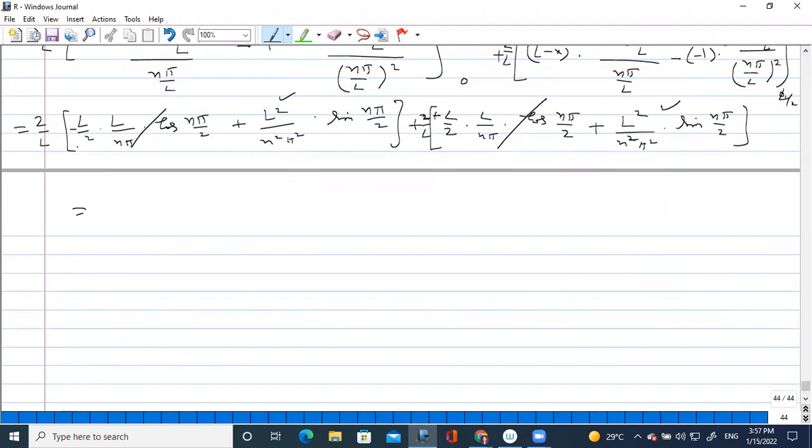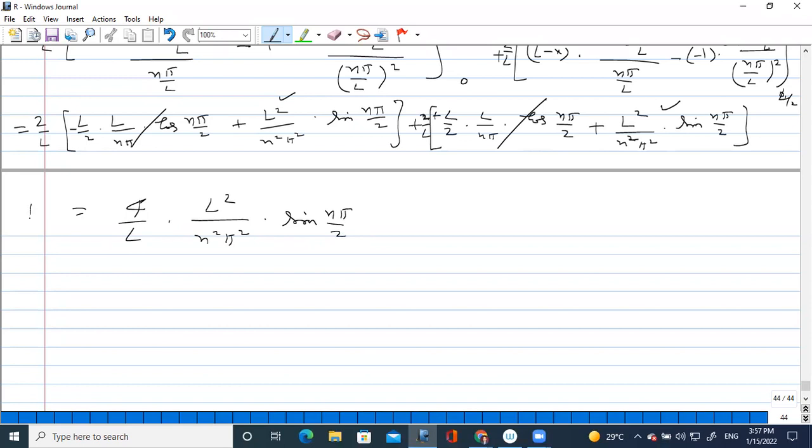So here now you can add this. This is 2 by L, and this term is the same. Again, it is 2 by L and this term, so it will become 4 by L into L square by n square pi square into sine n pi by 2.